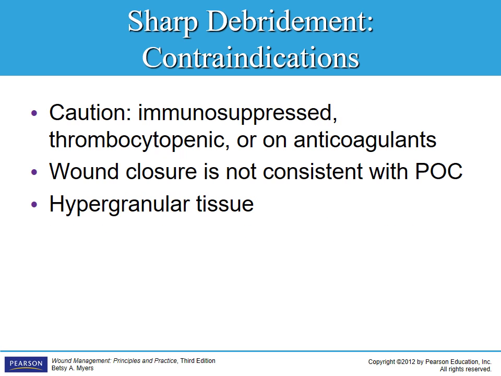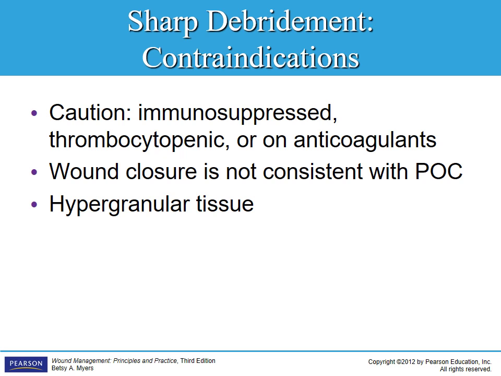You want to be really cautious if someone is immunosuppressed, thrombocytopenic, or on anticoagulants. With immunosuppressed or thrombocytopenic patients, if there's infection there, or even the risk of infection, and the body can't fight it, you don't want to debride and risk spreading infection. If they're on an anticoagulant, they will bleed profusely if you do sharp debridement.